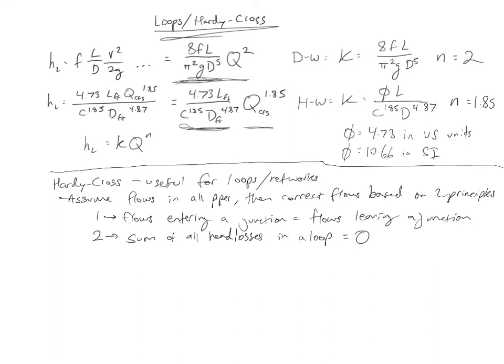That is to say, if I have a very simple loop, I'm just going to draw right here, I've got maybe some flow entering at this point, and maybe I have some flow exiting down here, some flow exiting down here, maybe some flow exiting down here as well.